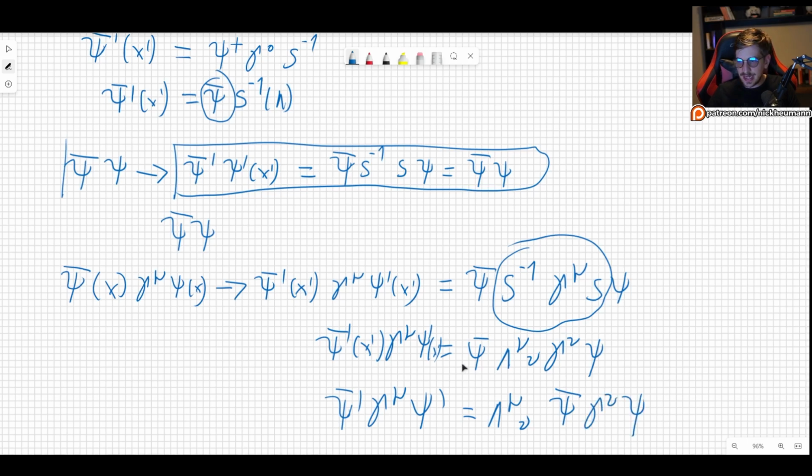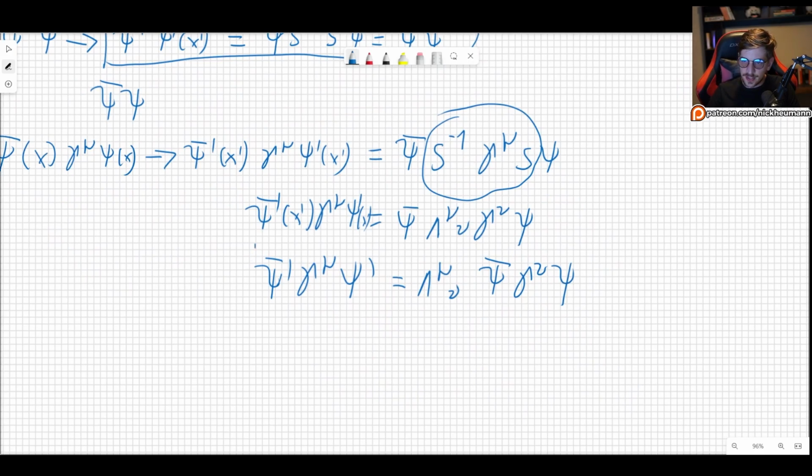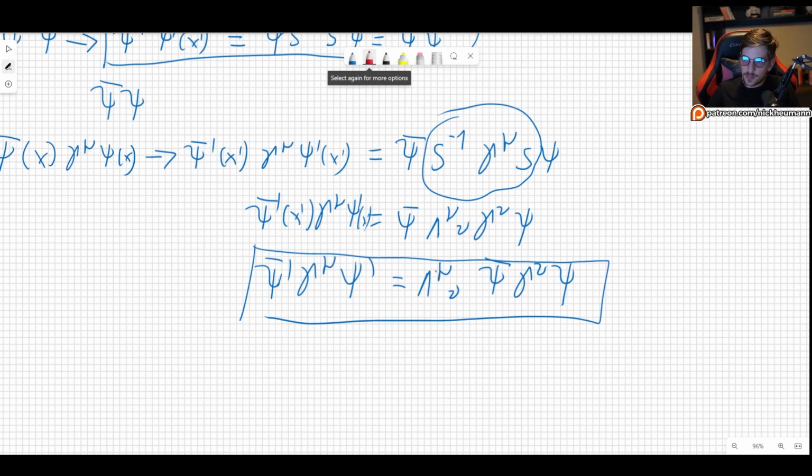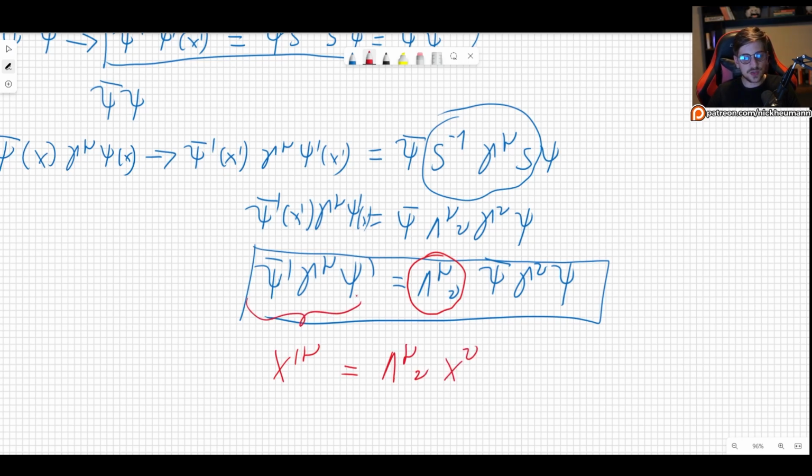So notice how this transformation occurred, right? What we do to transform it is put lambda mu nu in the front. And where else did we do that? Well, we did that, for example, with x prime mu. This is simply lambda mu nu x nu.